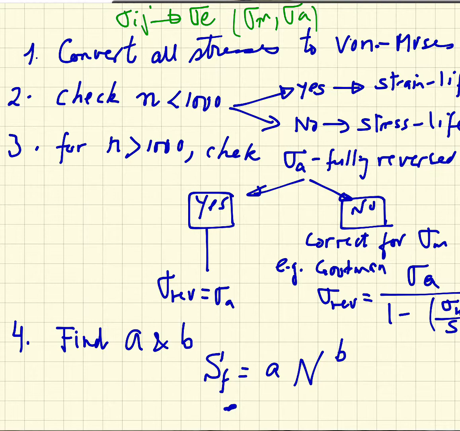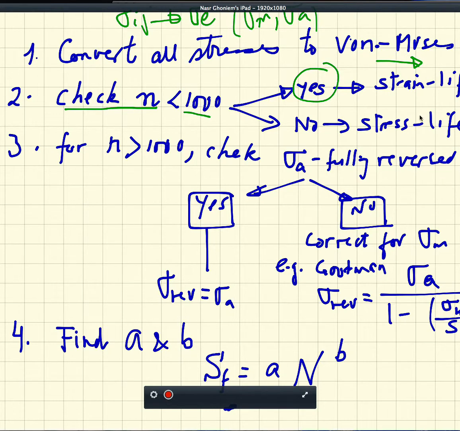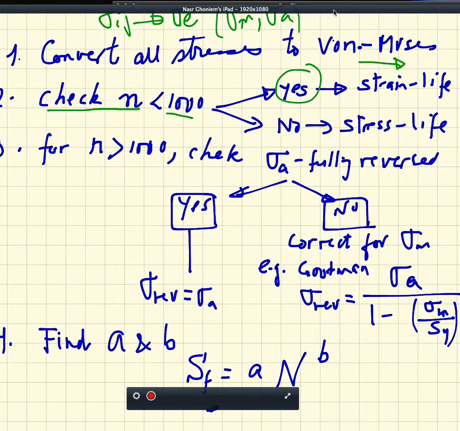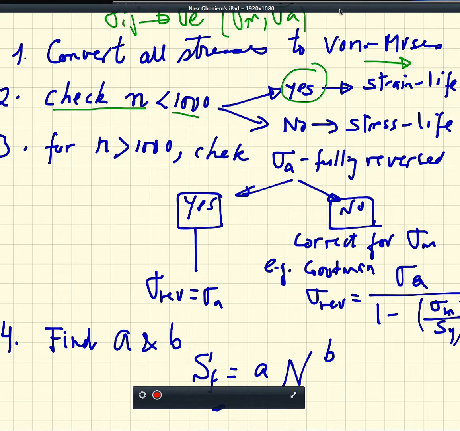Then we check to see if the number of cycles is less than 1,000. If this is yes, then we use the strain life approach that we have described before. If it is greater than 1,000, then we can use the stress life approach that we have learned so far.